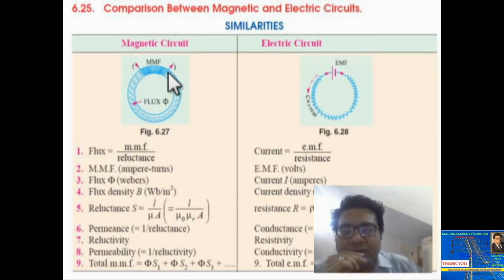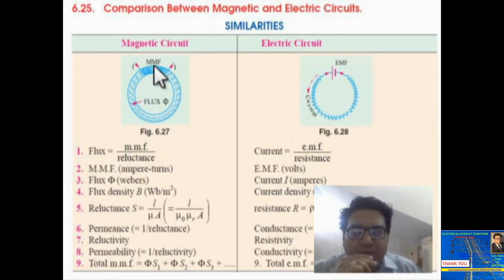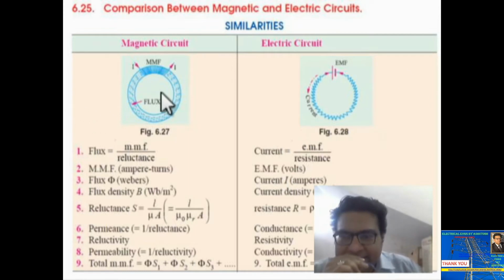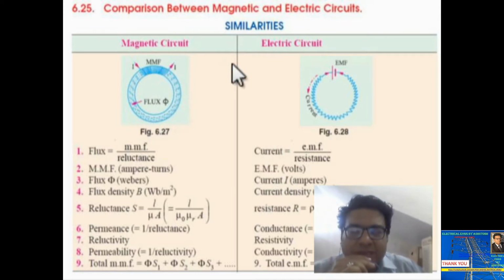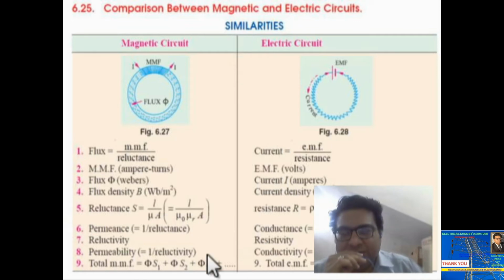This is the direction of current, and due to the excitation of this winding, there will be a magnetomotive force, which drives, and as a result there will be flux. Flux will be set up in this iron core, and current will be circulated in the winding parts. So this is a very important magnetic circuit.